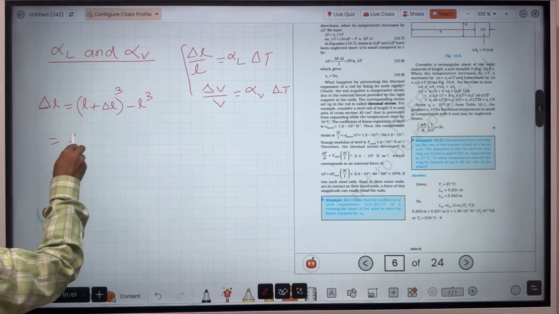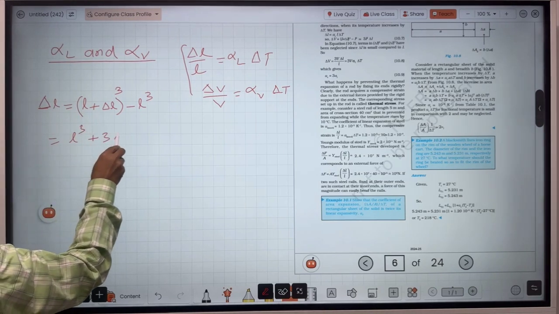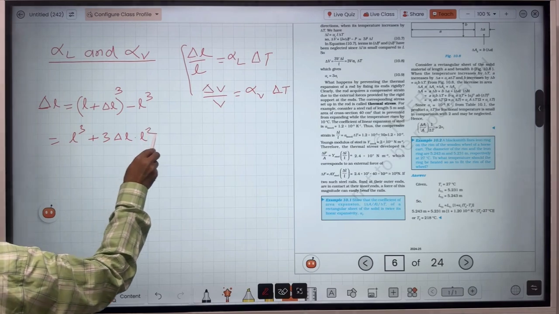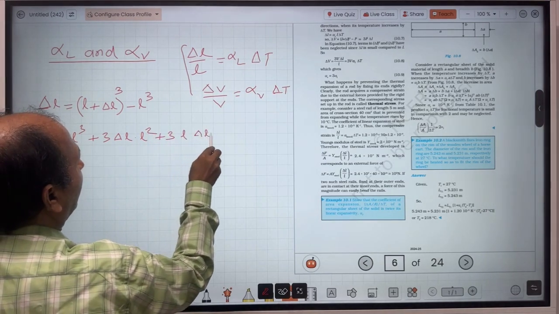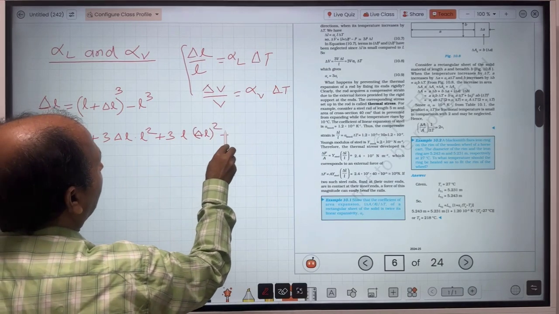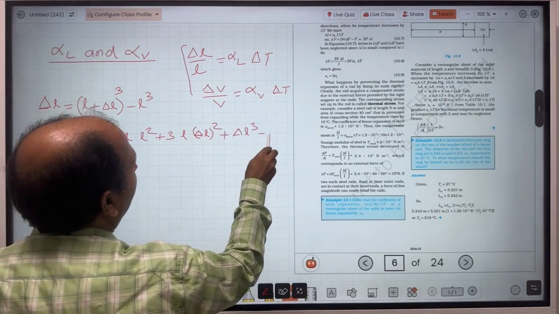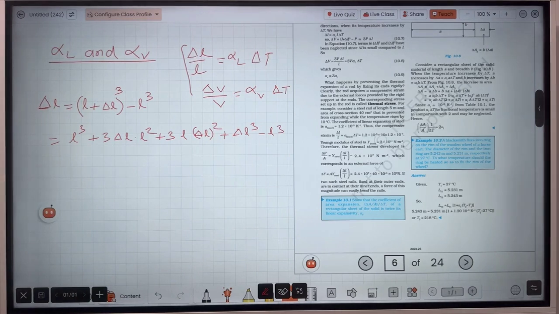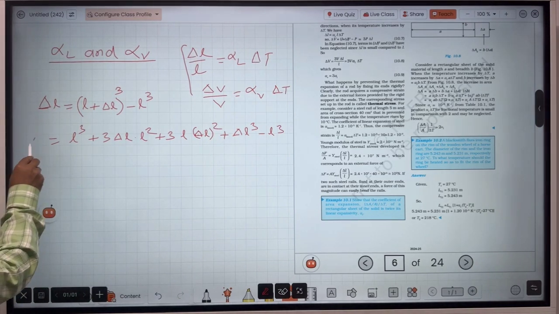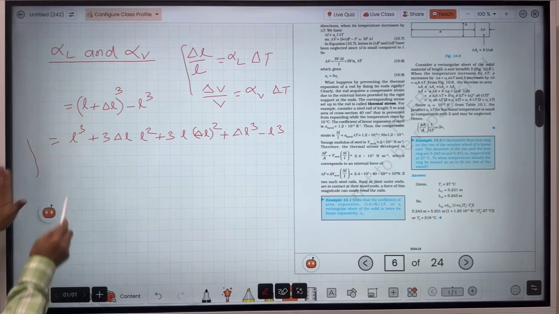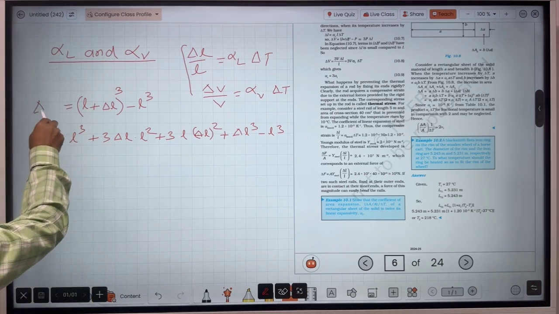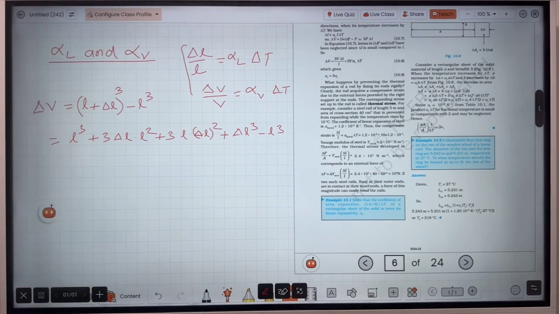So applying the formula, L cube plus 3 delta L into L square plus 3 L delta L square plus delta L cube minus L cube, right? We are considering change in volume, so it is delta V. So delta V equal to this much.